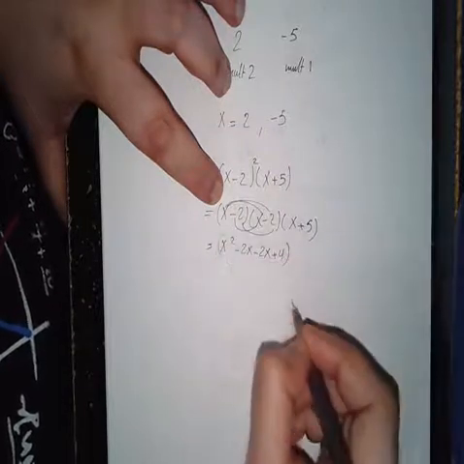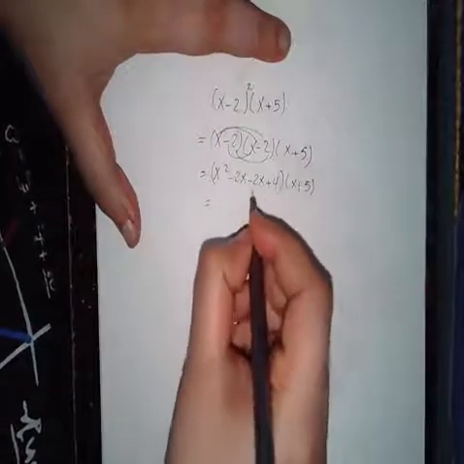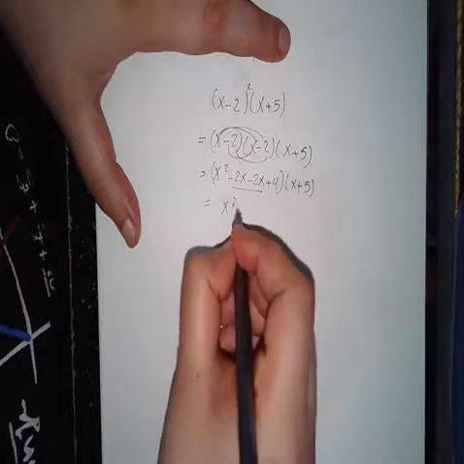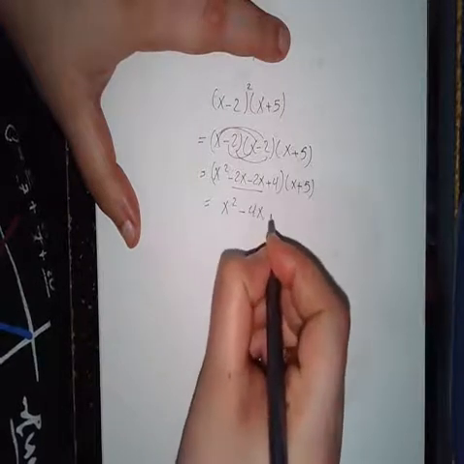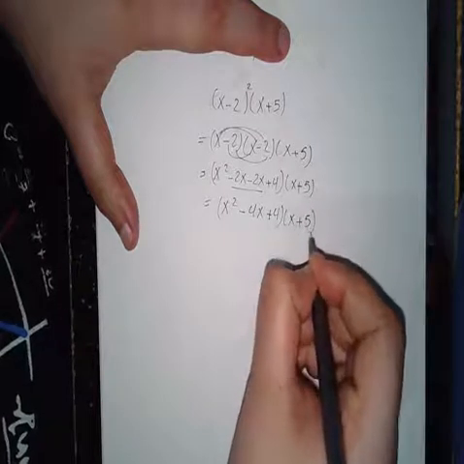These are my values of the first pair, and they're multiplied by x plus 5. I'm just going to rewrite because these can be added together. So you have x squared minus 4x plus 4 times x plus 5.